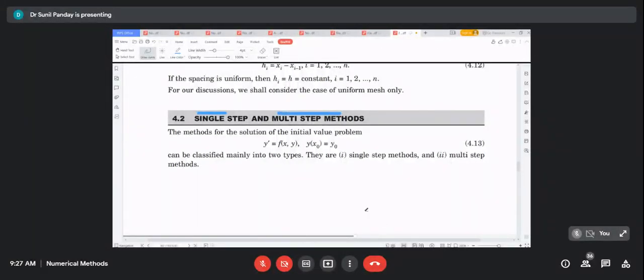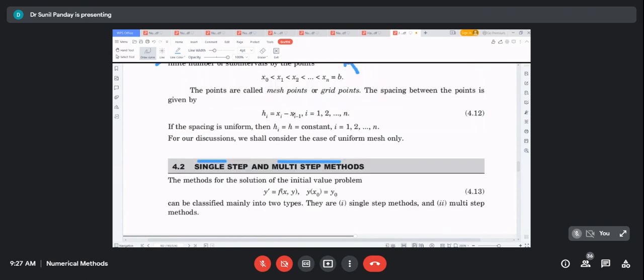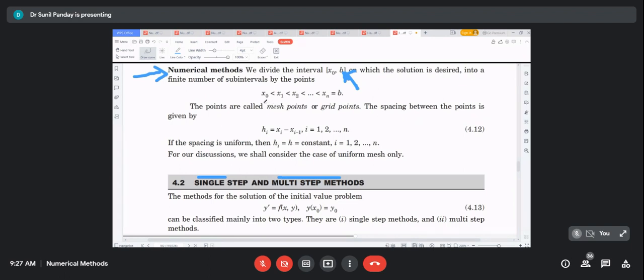In the single step method, we have to divide the given interval into n subintervals. I know y of x naught, but I have to calculate y at x1. If for calculating y of x1 I require only y of x naught, then this kind of method is known as a single step method.